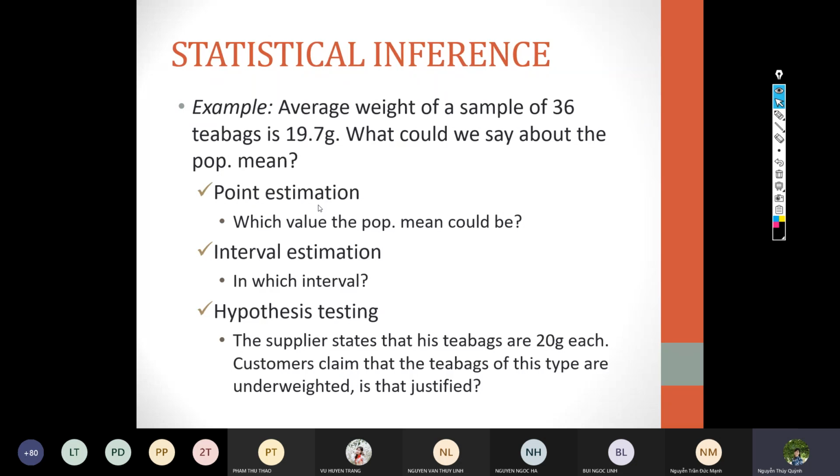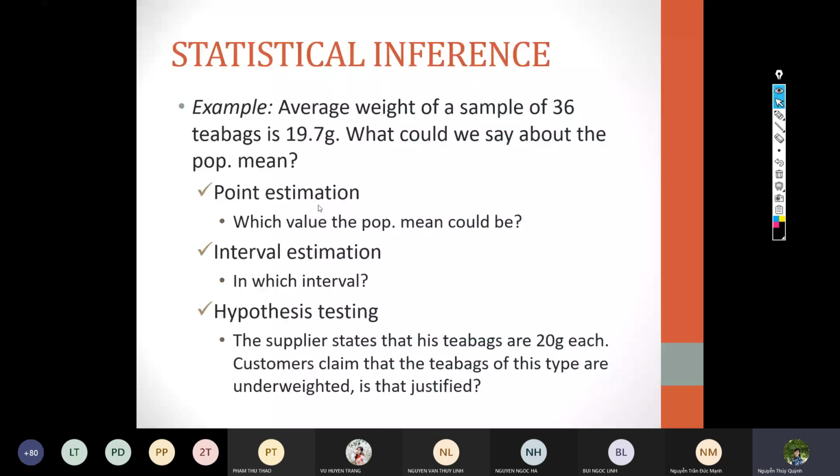The process by which we try to find the evidence to support that hypothesis is called hypothesis testing. In hypothesis testing, we have to establish the null hypothesis and the alternative hypothesis, calculate the test statistic, determine the rejection zone, and then draw a conclusion. Those are all the things that we do in hypothesis testing.